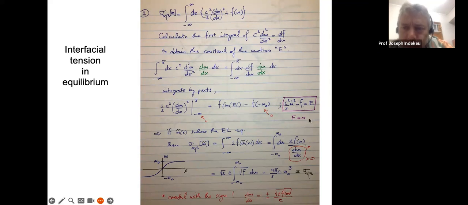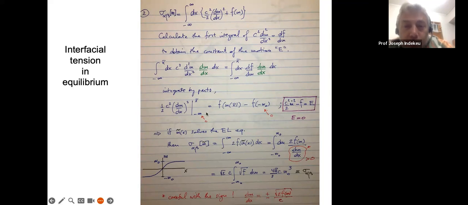And so the constant of the motion is just c squared over 2 times the gradient squared evaluated in some arbitrary point, minus f evaluated in m at that arbitrary point, and that difference is called the constant of the motion, or the mechanical total energy, because mechanically it amounts to the kinetic energy plus the potential energy.